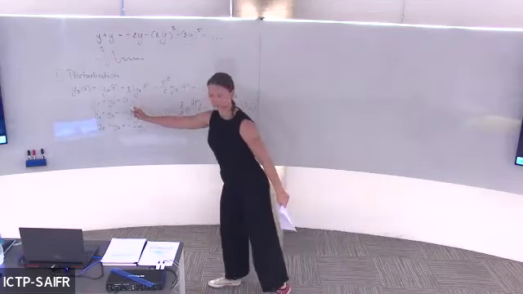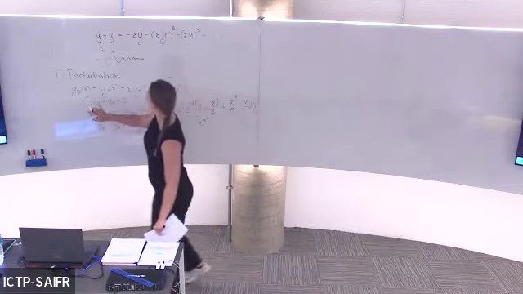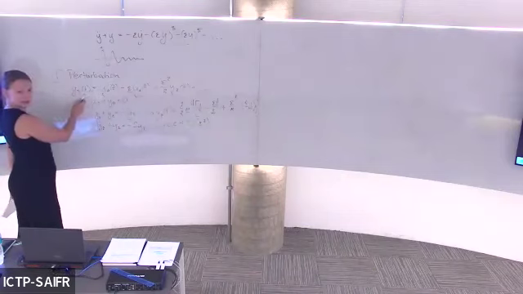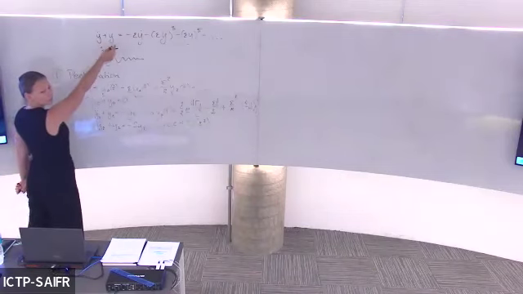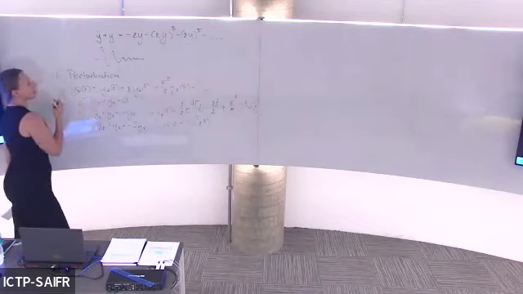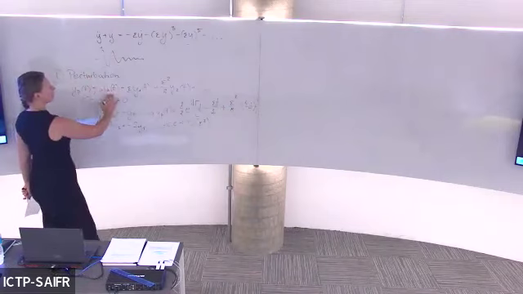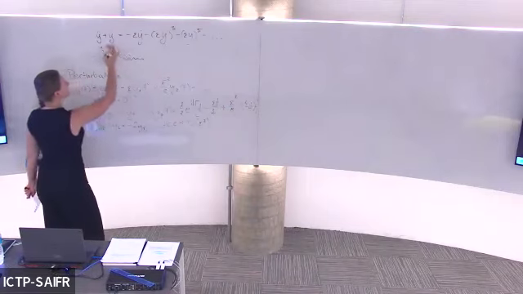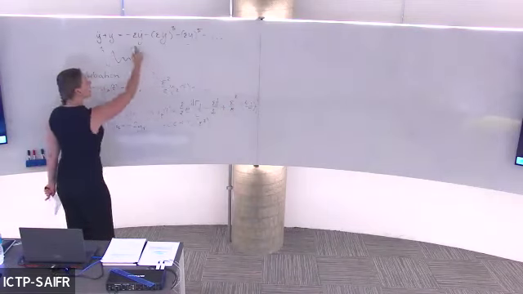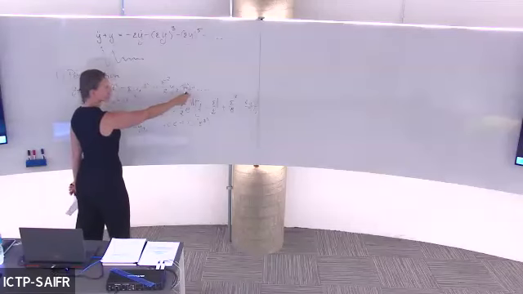These guys? Yeah. So this comes from, I plugged this guy into here. So every y becomes this y perturbative. And on this side, for example, I'm going to have the second derivative of these guys plus just these guys. But here, they're going to be multiplied by epsilon.